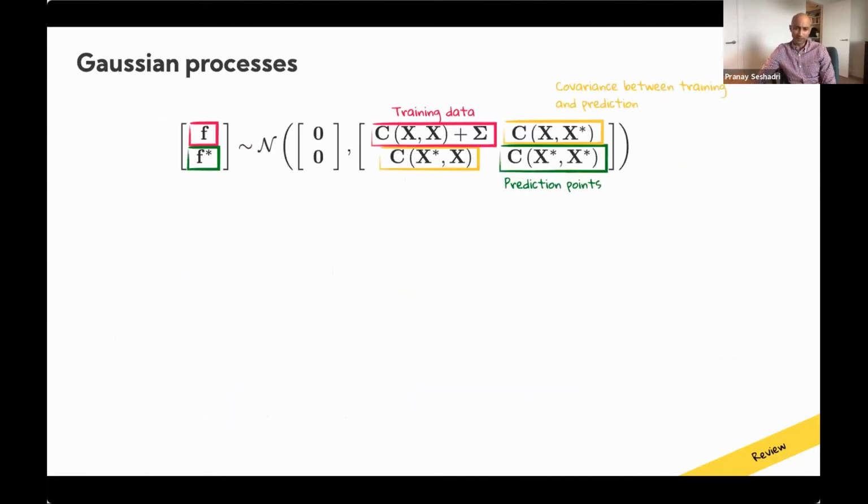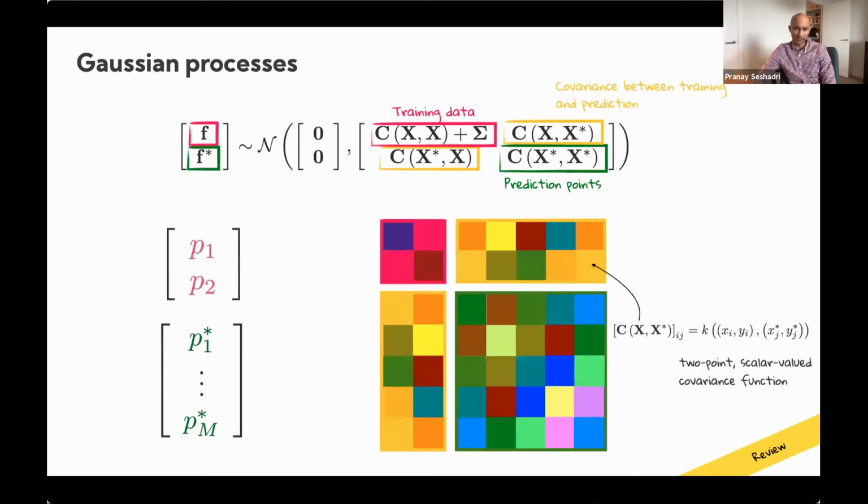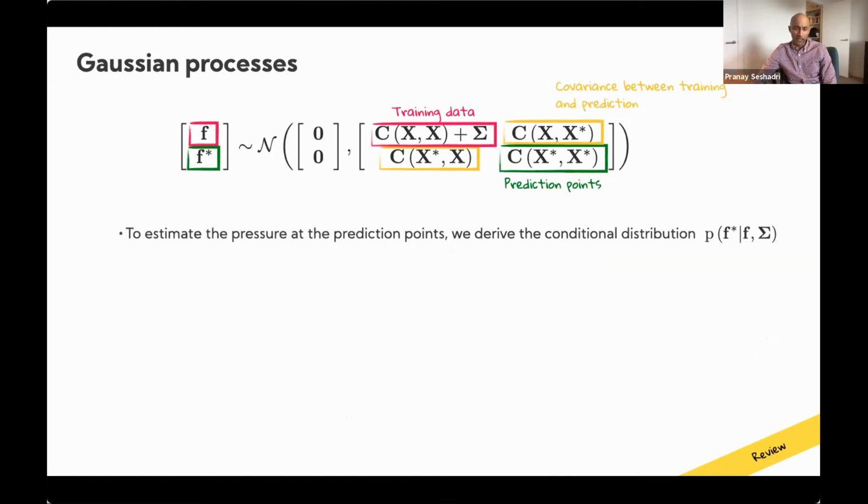For visualization purposes, it's quite handy to think of it in this context as well. So you have a block corresponding to the training, another block corresponding to the prediction points, and so on. Okay, so bearing in mind that our goal is really to estimate the pressure at the prediction points, we'd like to arrive at this conditional distribution.